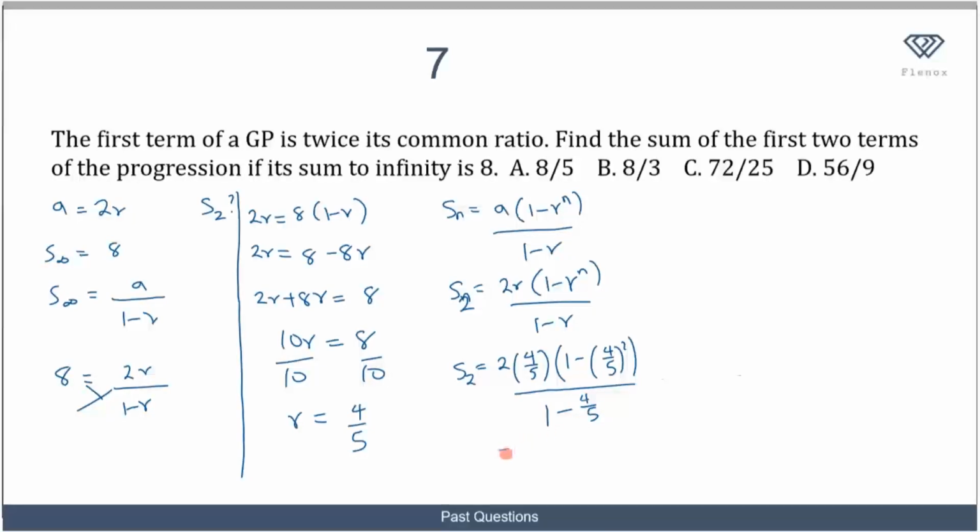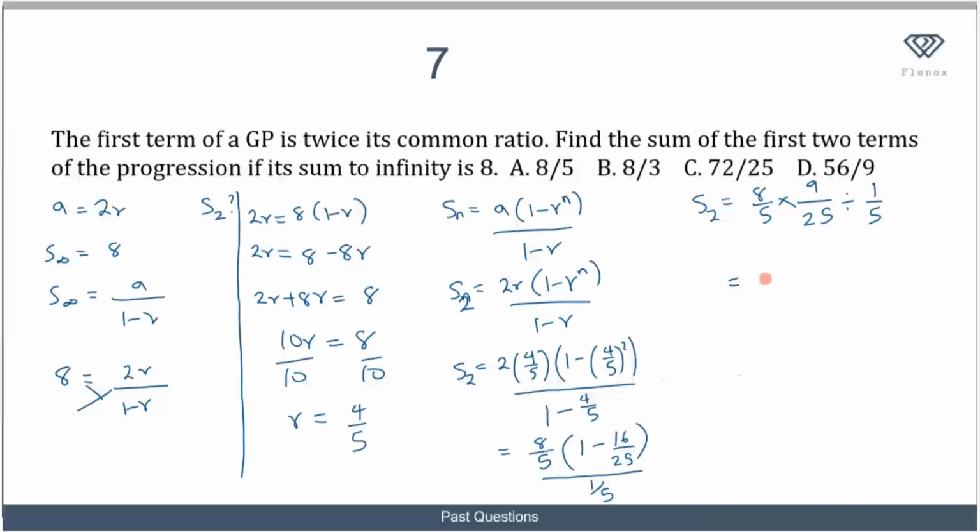So what would that give me? This will give me 8 over 5 times, then I have 1 minus, then 4 squared is 16, and 5 squared is 25, and 1 minus 4 over 5 gives me 1 over 5. So S2 becomes 8 over 5 times 1 minus 16 over 25, which is going to give me 9 over 25, over 1 over 5.